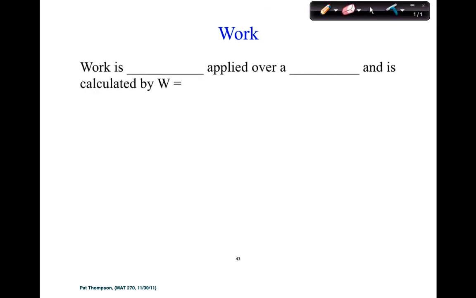Okay, here we go. So we're hard at work, right? What is work? Let's review. Work is force applied over a distance, some of you are saying.